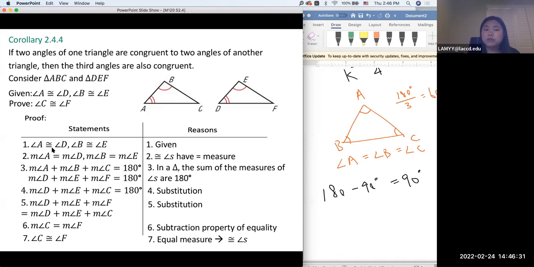One more time, I remind you guys, even though you know congruent means equal measure, you have to state it. Like you know the equal measure means congruent, but you have to state it here.